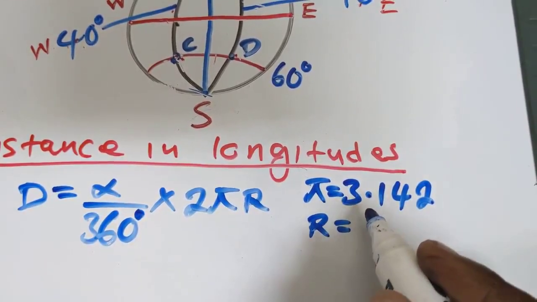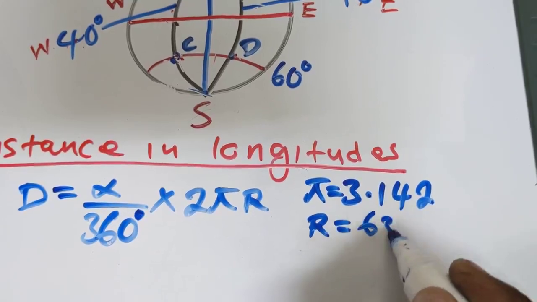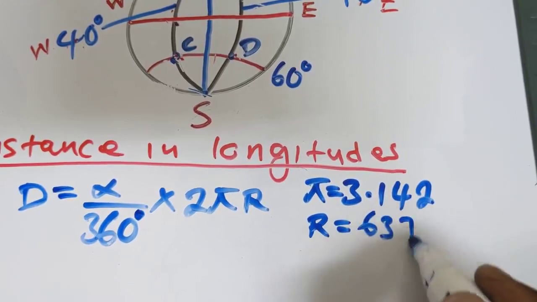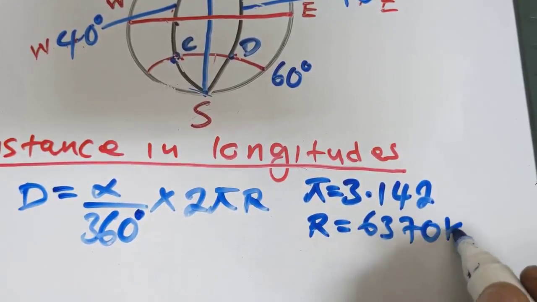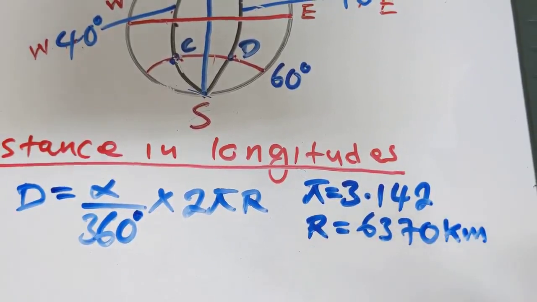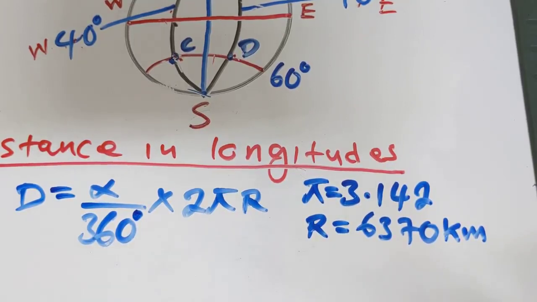They will give you that r is 6370 kilometers. The radius is in kilometers as well as nautical miles, but let's focus on kilometers so that we shouldn't confuse ourselves.